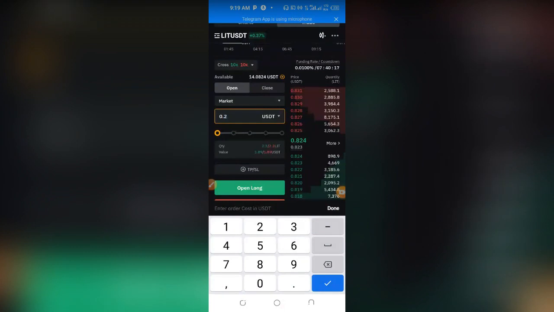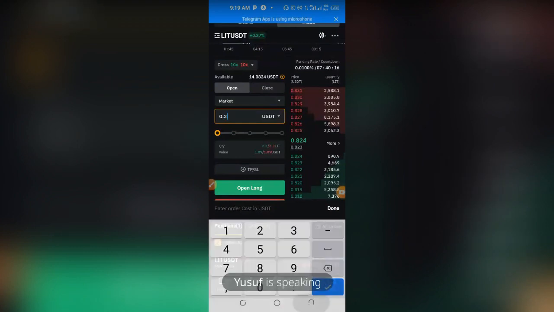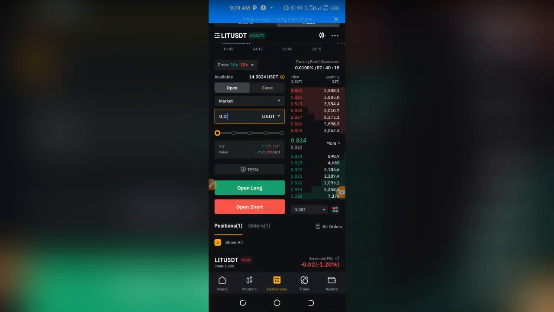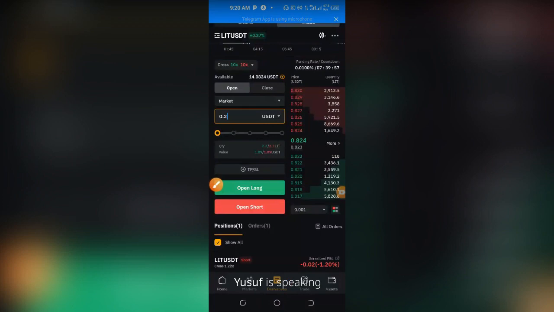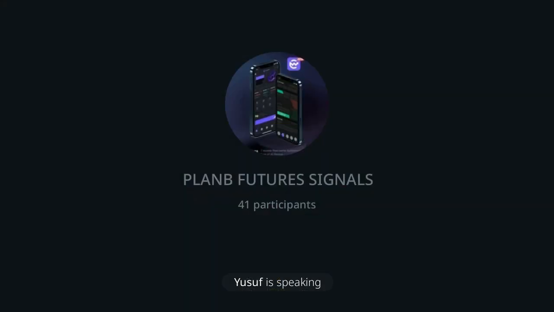I'm just trying to show you as an example. So let's say I'm using $0.2. Like I said, it's possible for you to use just $0.2 out of your money, 0.1, as small as that. But because of leverage, you're actually trading with $1.89. Then I click on open long, confirm.